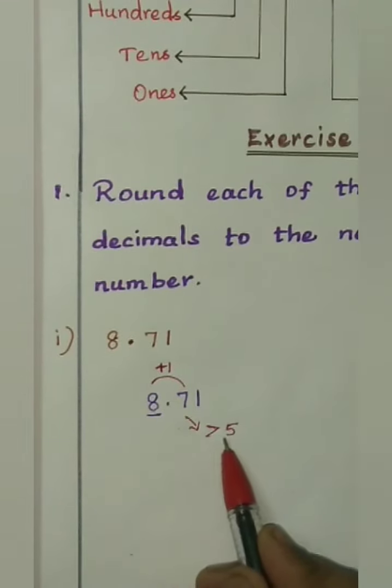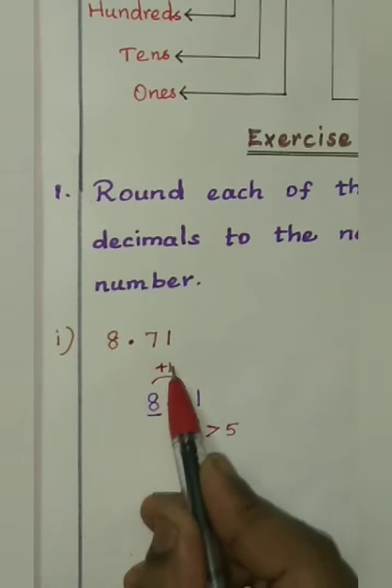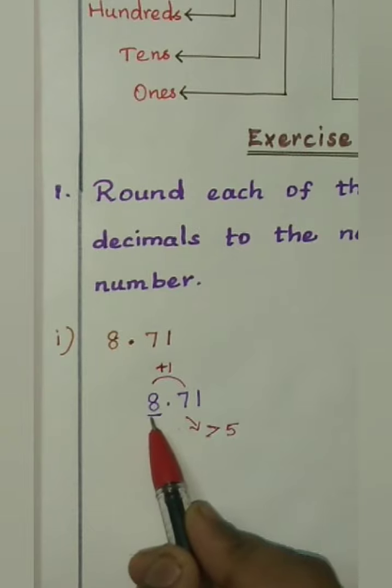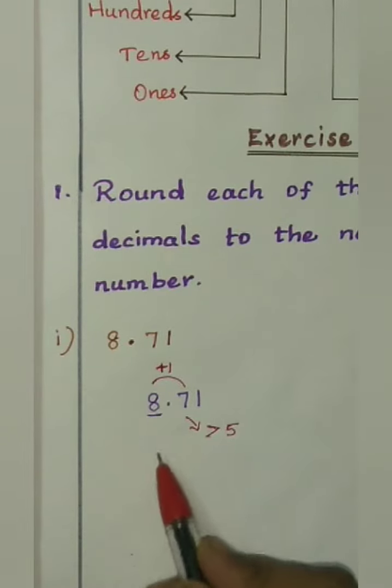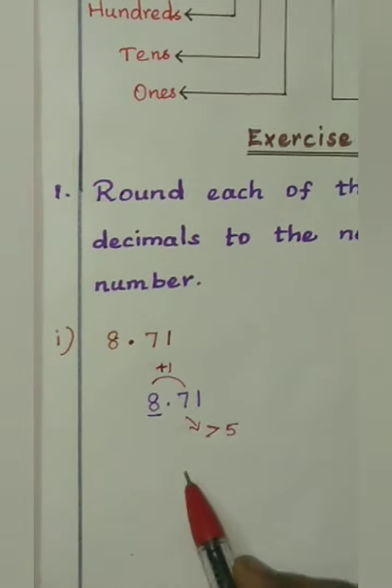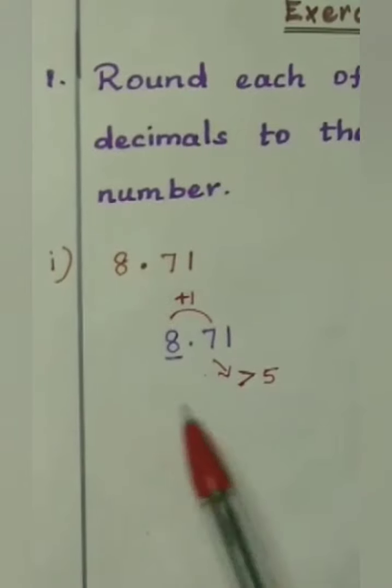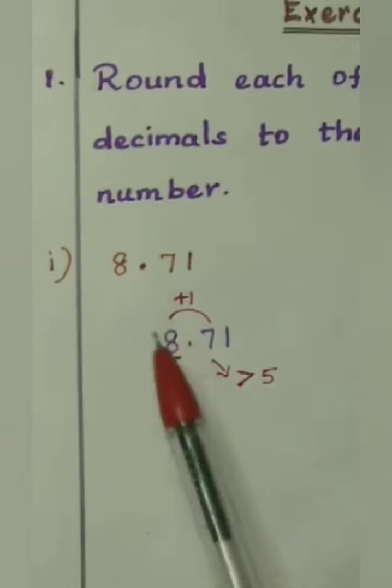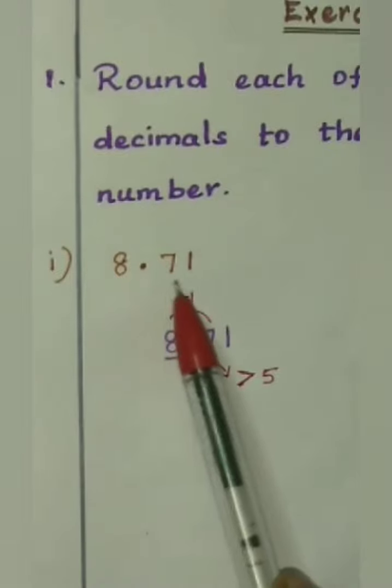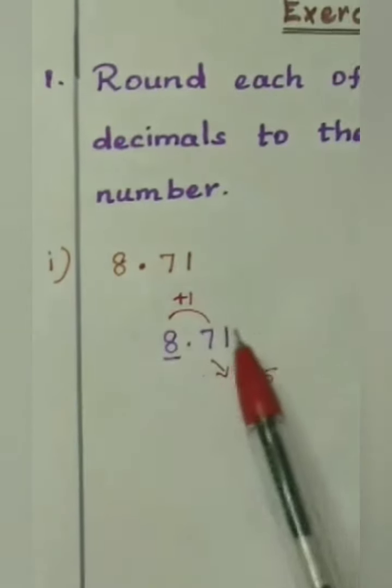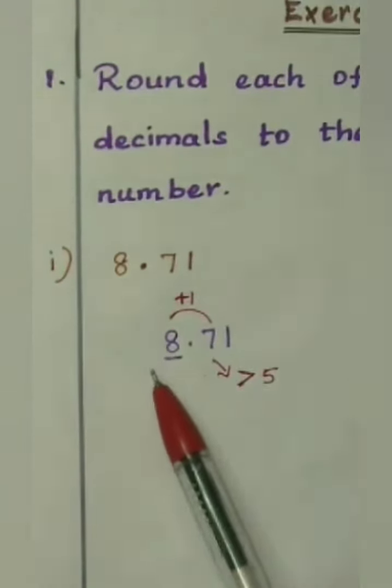Since 7 is greater than 5, we are adding 1 to the underlined digit, that is 8 becomes 9. So the answer is 9. The rounded value of 8.71 to the nearest whole number is 9.